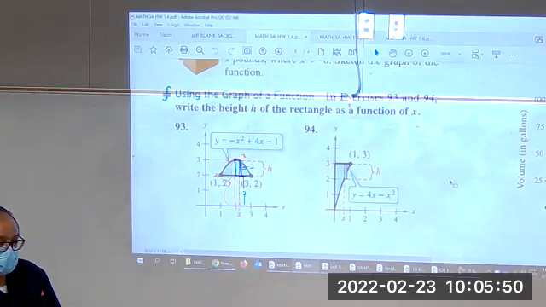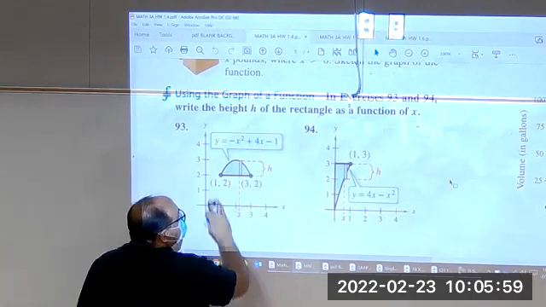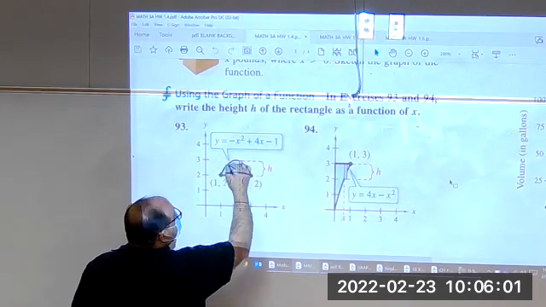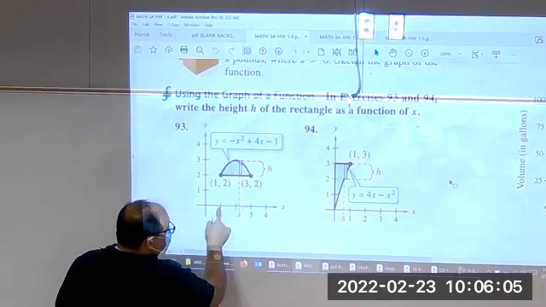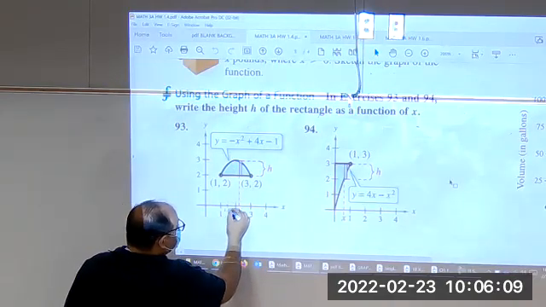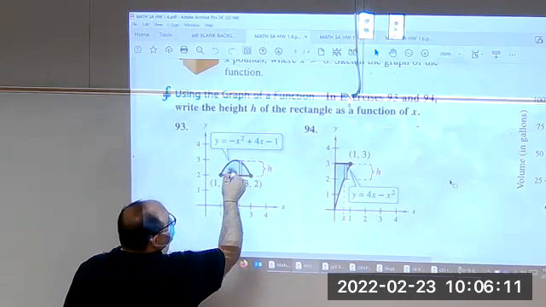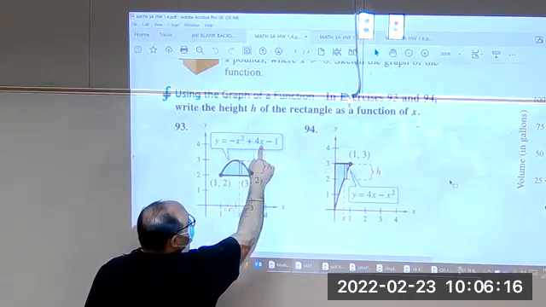Okay? If it works there, guess what? It works everywhere. The top of the picture, all of these points are basically made by plugging in any x between 1 and 3. So if I plug in 1.5, the height here at 1.5 is negative 1.5 squared plus 4 times 1.5 minus 1.